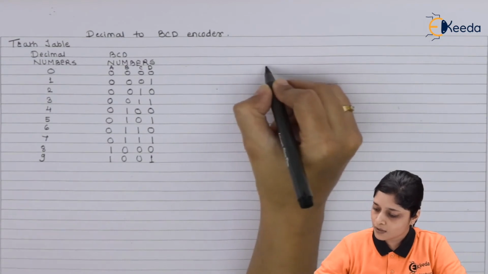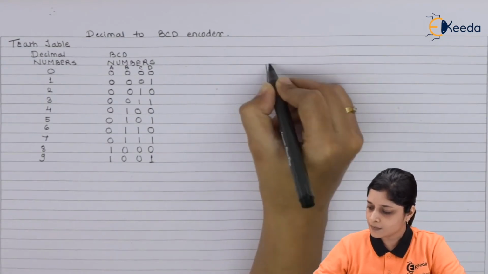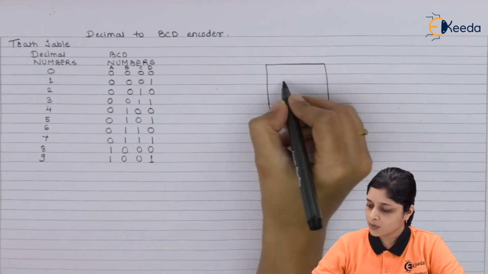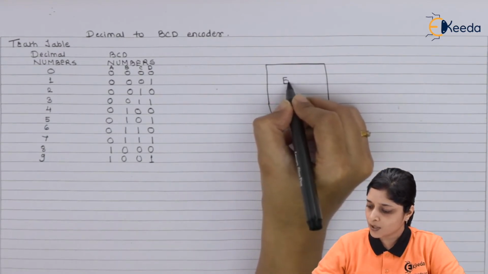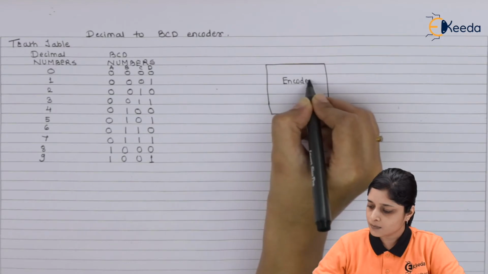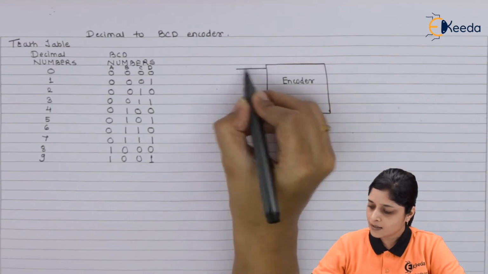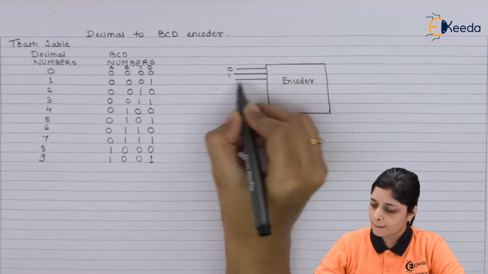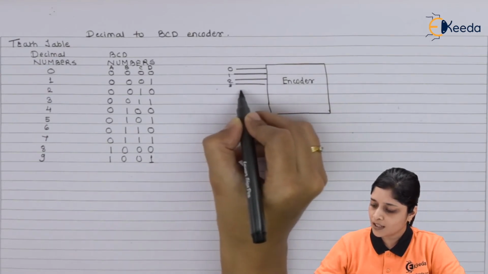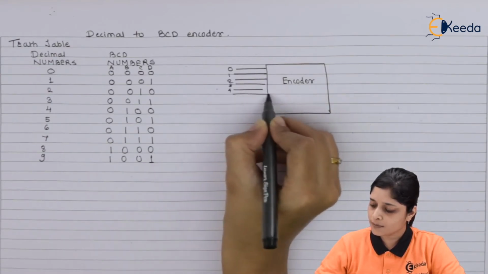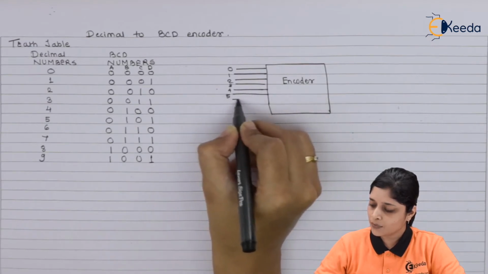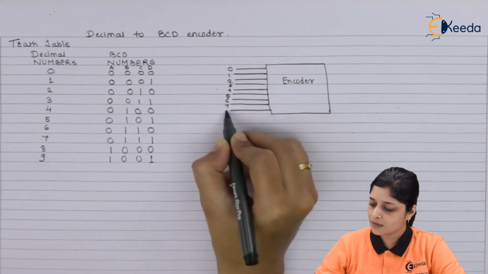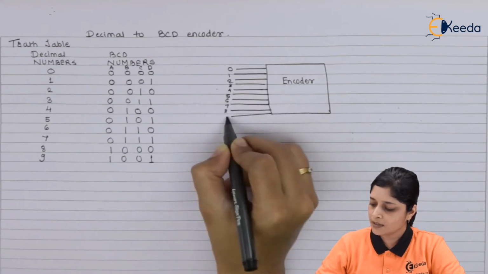So let's draw the block diagram. So this is the block diagram for encoder. It has 0, 1, 2, 3, 4, 5, 6, 7, 8 and 9.